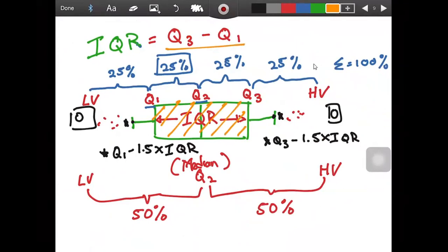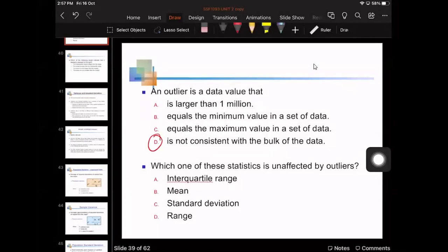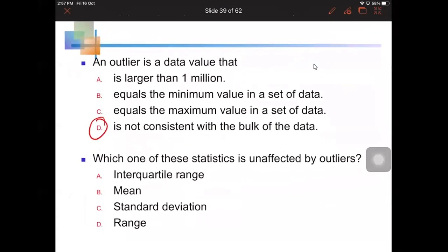Interquartile range is Q3 minus Q1, with nothing to do with the 25% of the data on the left and the other 25% on the right. So the interquartile range avoids calculating outliers. So the answer is A.